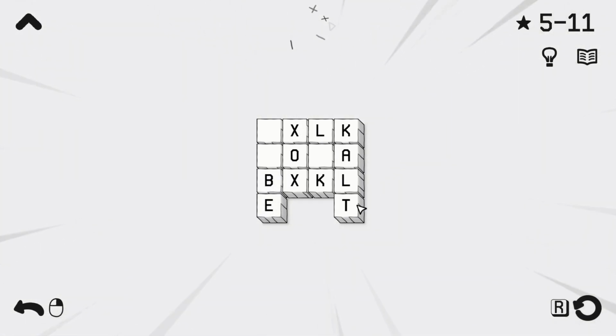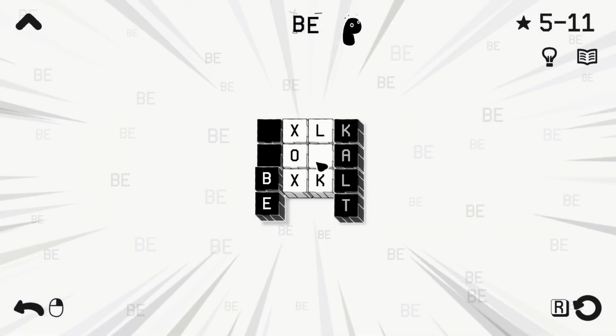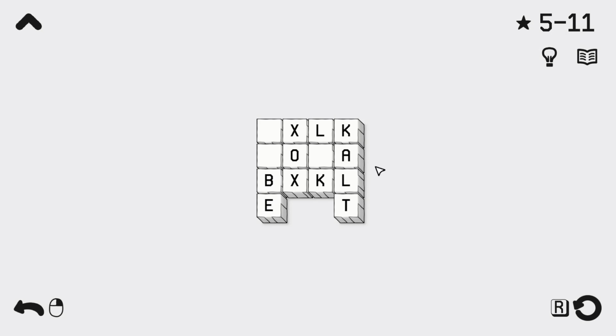Would that work? If I did 2 tlaks, if I somehow transform this into a tlak, which I don't think I can do, no, the math on that would work. Because then it would be 4 plus 2, and then these would be grayed out. That would work, but I don't feel confident that that's actually possible.